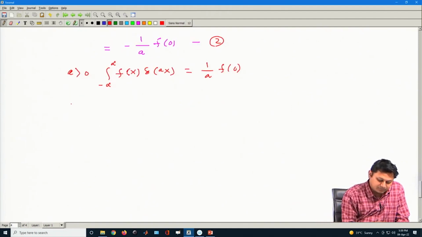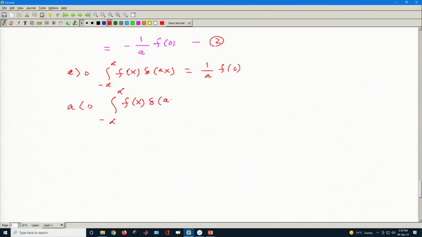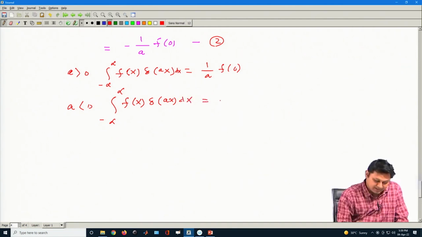On the other hand, when a is less than 0, I am having minus infinity to infinity f of x, the same integral I am getting. Here we have delta of ax and dx, that value I get with a negative sign.